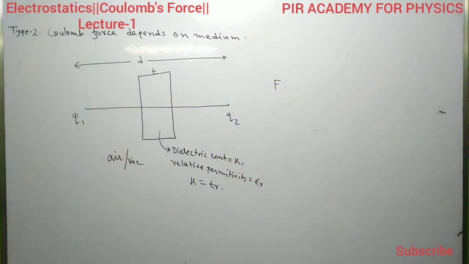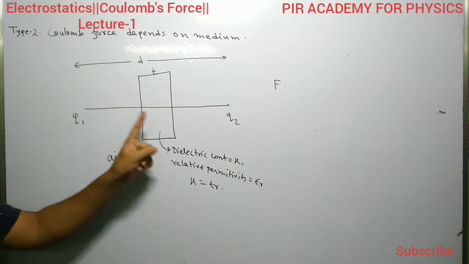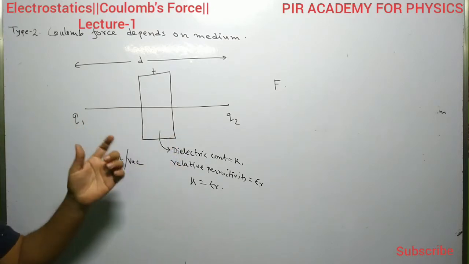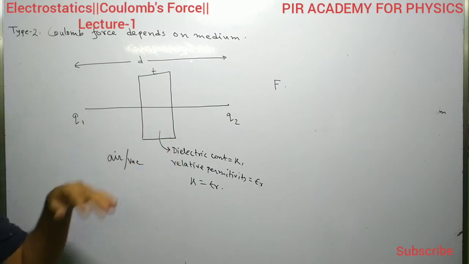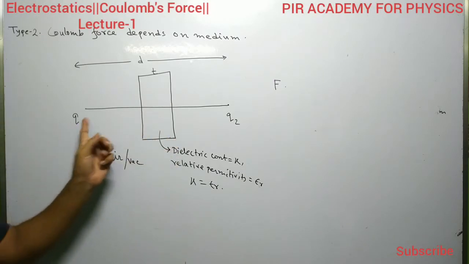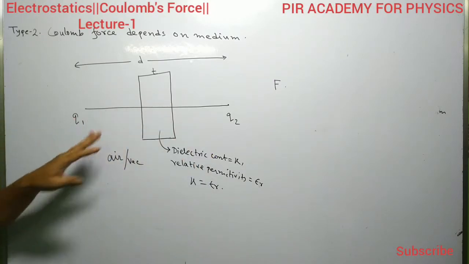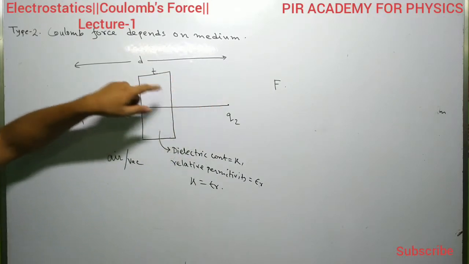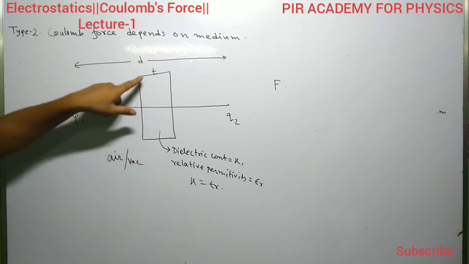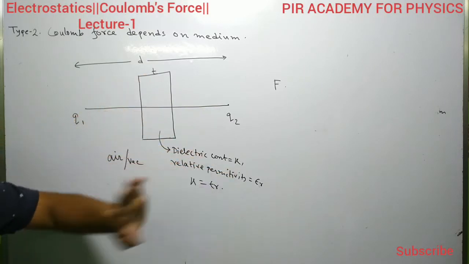If the medium between the two charges is a combination of two media, how can you calculate the force between them? Here this part is the air medium or vacuum, but in this part the medium has dielectric constant k.